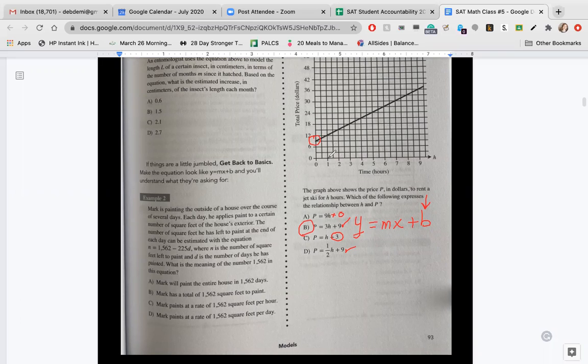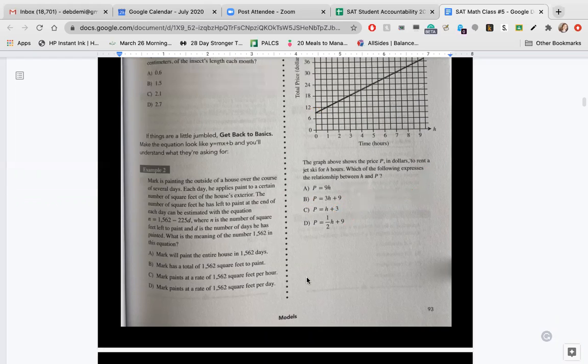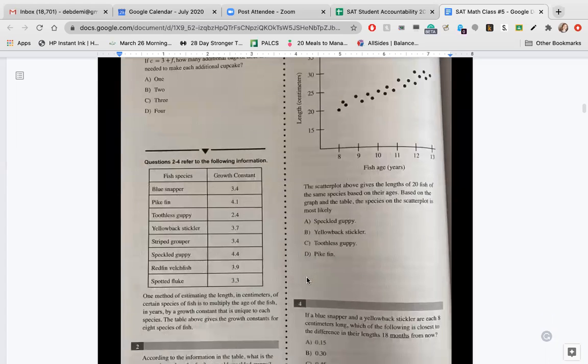They're not bad. So that's the linear models, and there's going to be a lot of linear models on the test. So you're going to see there's homework problems here. You see all these?